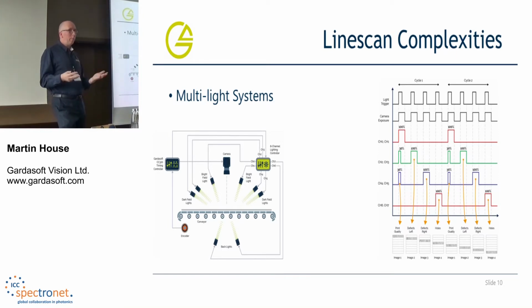So if you're a machine builder and you're trying to overcome a space constraint and you don't want to have so many vision systems in one space, then maybe a way to think about that is to look at having one line scan camera, or you could use an area scan camera if the solution works for it, with multiple lighting schemes. So these are now very much in the realms of the doable.